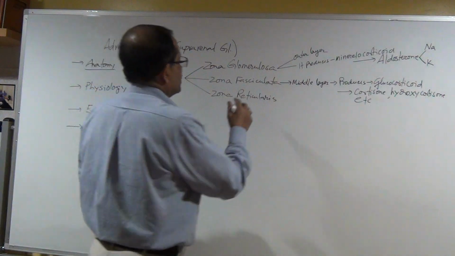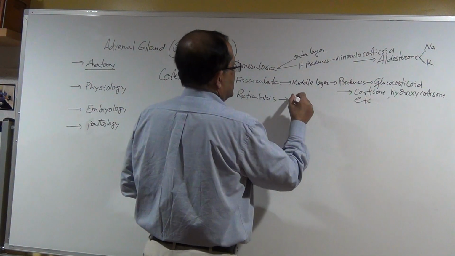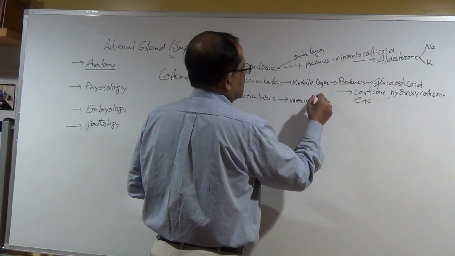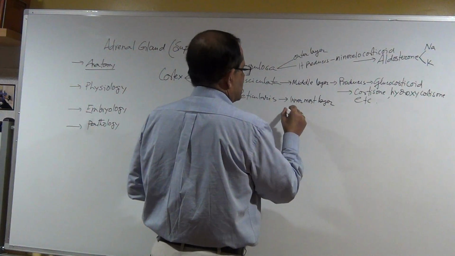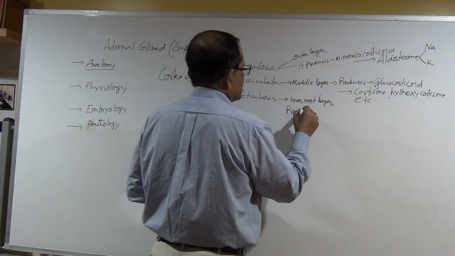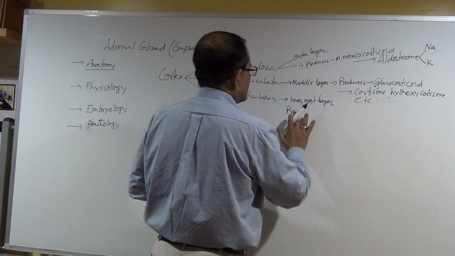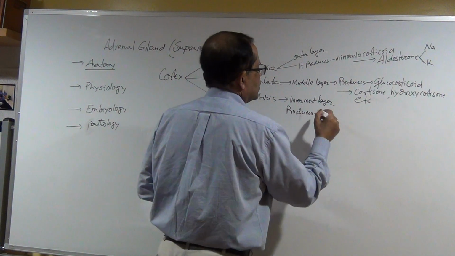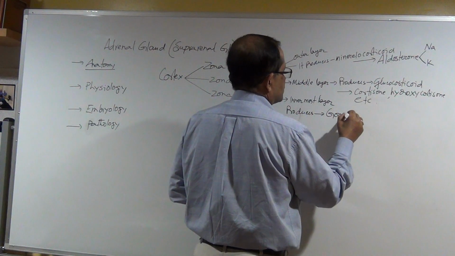Okay? Zona reticularis, it is the innermost layer. And it produces gonadocorticoids.